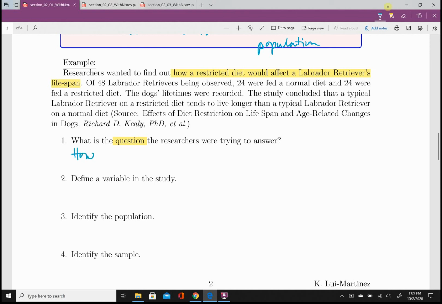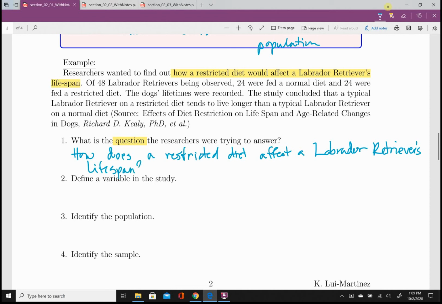How does a restricted diet affect a Labrador retriever's lifespan?